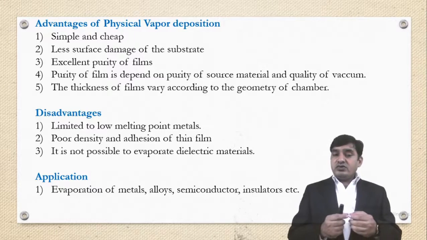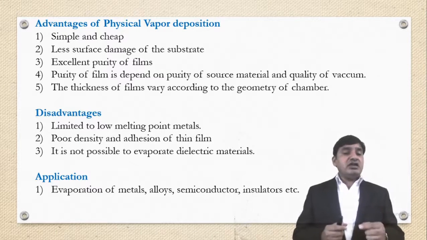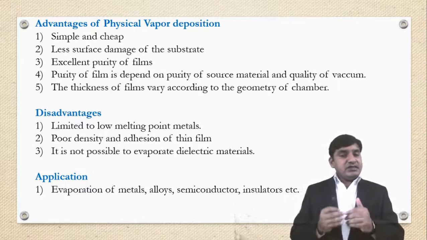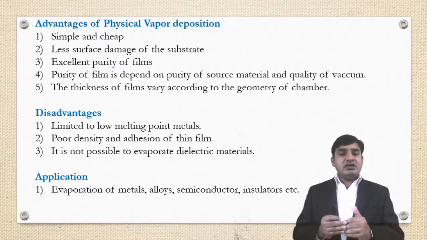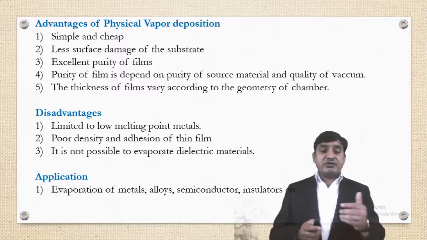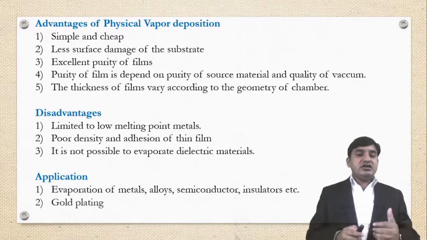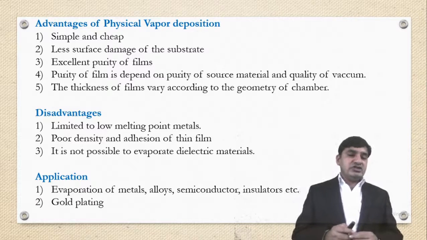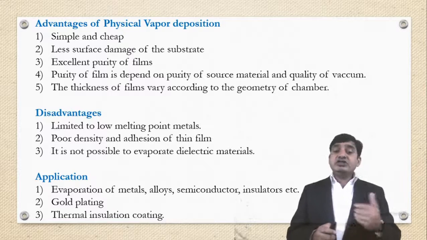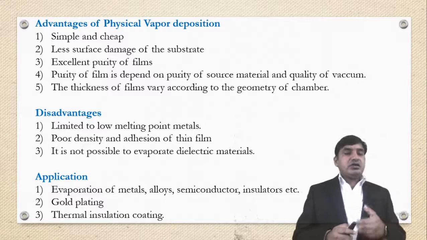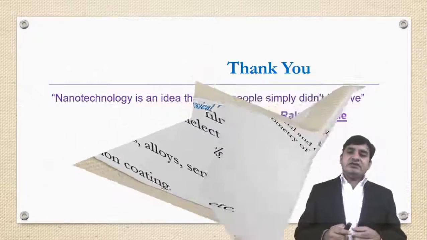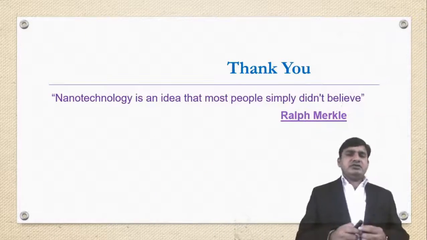So we can evaporate metal, alloy, semiconductor, insulator, and this can be condensed on the substrate film. Then it is also used in gold plating. Then thermal insulating coating can be done by using this method.